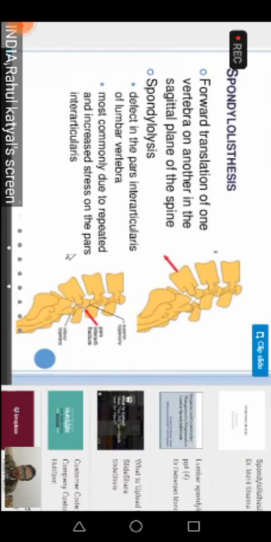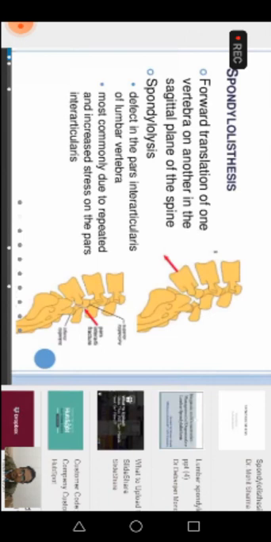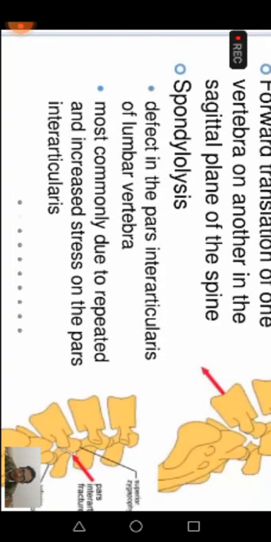Okay, right. So spondylolisthesis is a term in which there is forward shifting of one vertebra over the other. The upper vertebra is shifted forward over the lower one. As you can see in the picture on the right-hand side, the one below is the sacrum and the one above is L5.